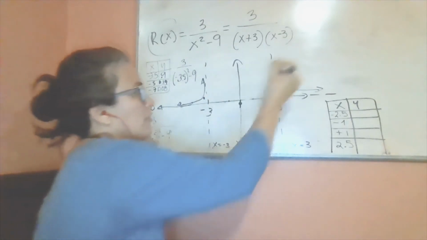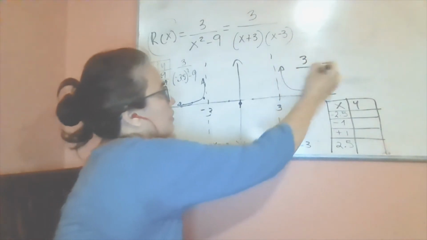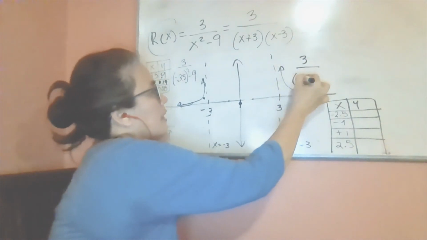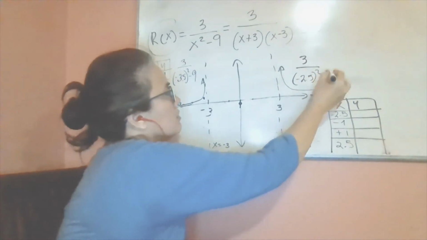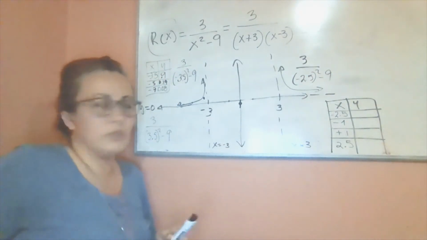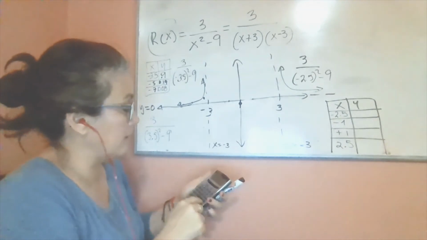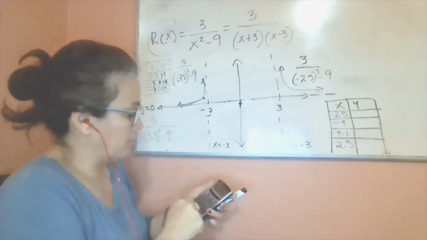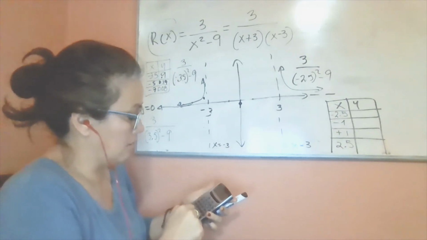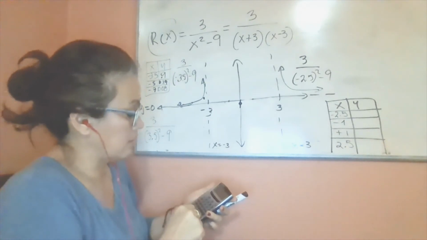With negative 2.5, it's gonna be 3 over negative 2.5 to the second minus 9. I'm going to use my calculator, and it's going to be 3 divided by negative 2.5 to the second minus 9.